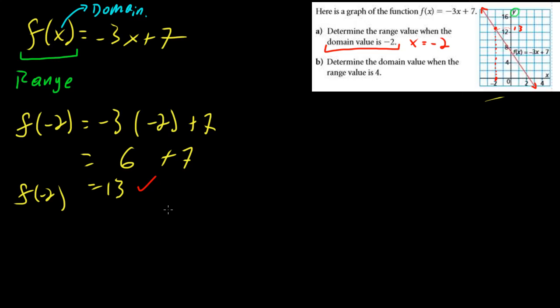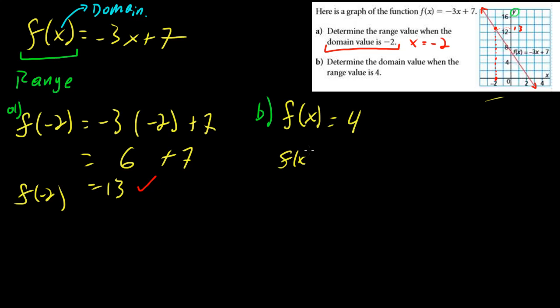This is our range value. So that's like A over there. We can do B in a very similar way. Determine the domain value when the range value is 4. So if we set f of x, that's our range value, that's our y coordinates, that's all of these dependent coordinates here, a lot of different ways to say it, equal to 4.